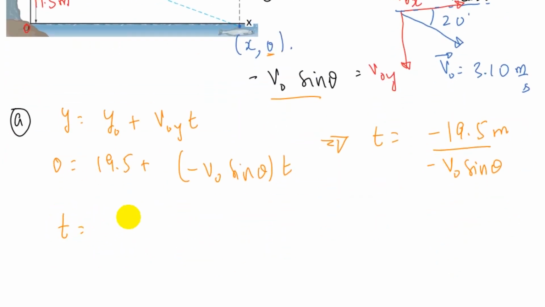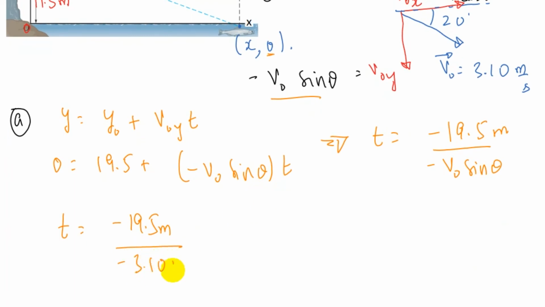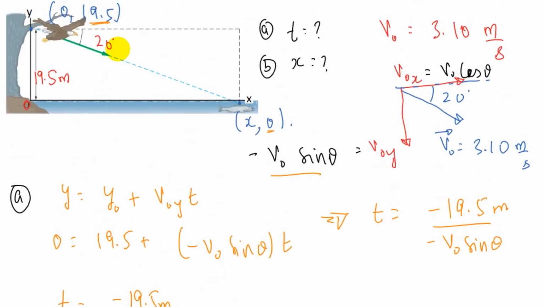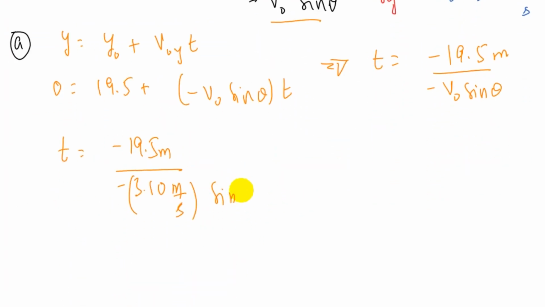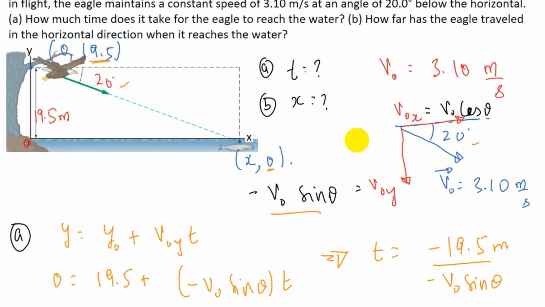So time, this will be minus 19.5 meter, v naught we are given to be 3.10 meter per second multiplied with sine theta. Now theta is 20 degrees, right? Now you can use a calculator to solve this, and we'll get this value to be 18.4 seconds. So this is the time taken by the eagle to reach the water surface.